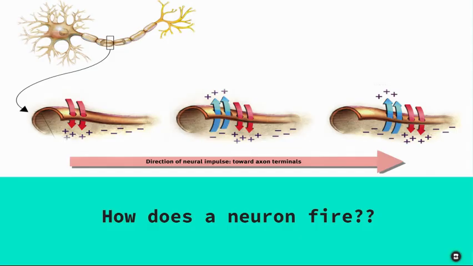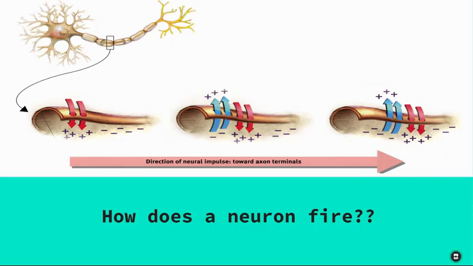That neuron has fired. In order to fire, there are these positive and negative ions that are hanging out in this axon. And as those ions are moving through the axon, we need to get enough positive ions into that neuron to get over what we call the threshold to allow that neuron to have an action potential.